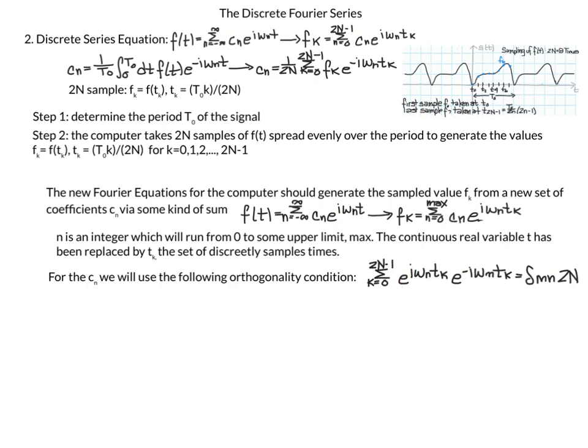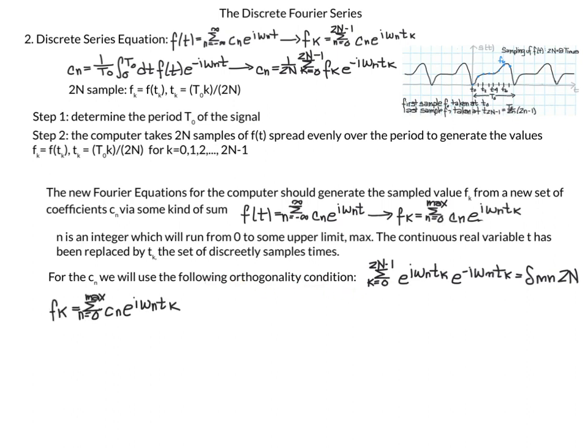And e to the i omega n tk multiplied by e to the minus i omega m tk, well, it's going to 0 unless n and m are equal. In other words, they're the same frequency. So we have our Kronecker delta mn times 2n. Again, same format; this Kronecker delta gives us the same format for the orthogonality condition.